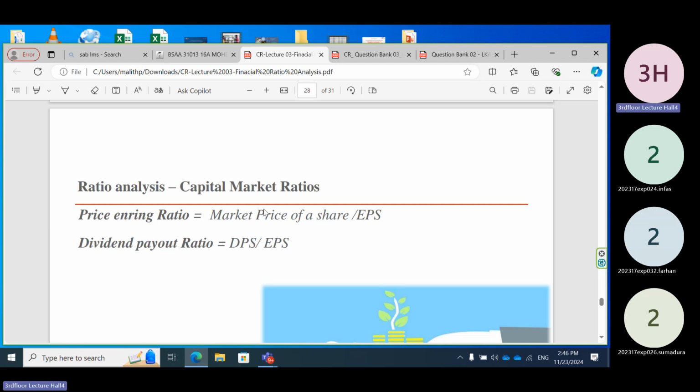A is a listed company, a PLC. B is not a listed company.